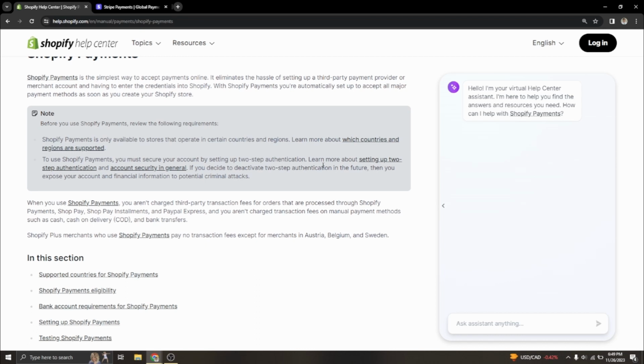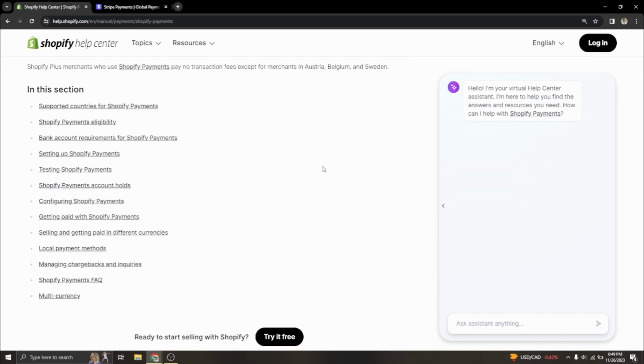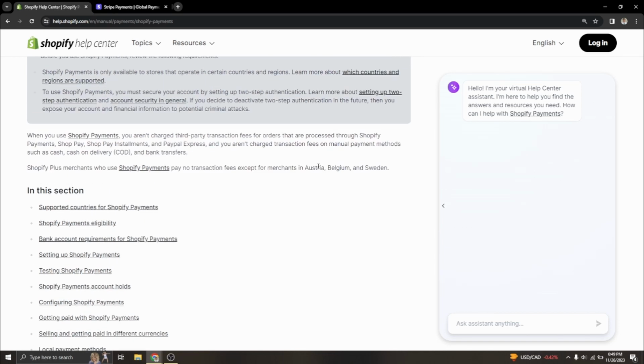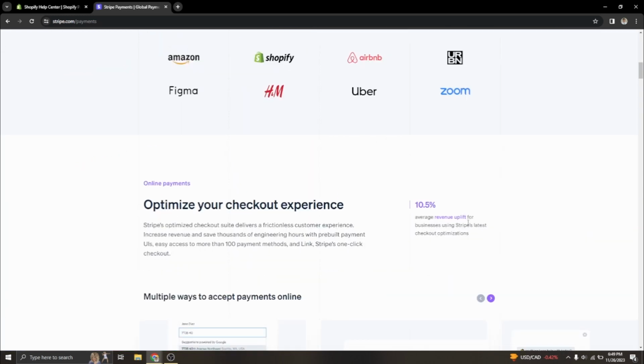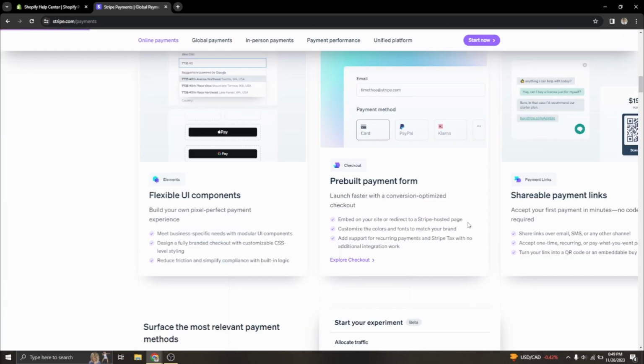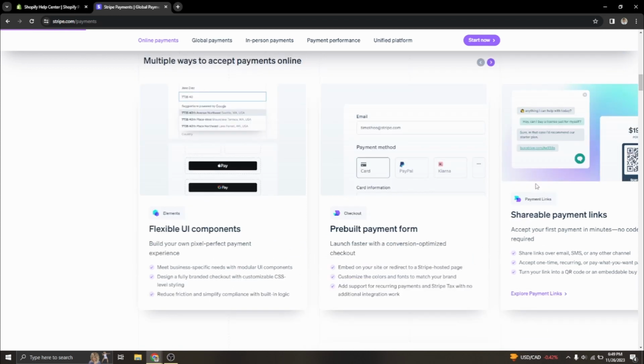Let's take a look at the comparison of Shopify and Stripe. In Stripe, the accepted payment types can be credit cards, debit cards, Apple Pay, Google Pay, and other wallet payments internationally, and even local payments, ACH debit, credit, and even wire transfer.